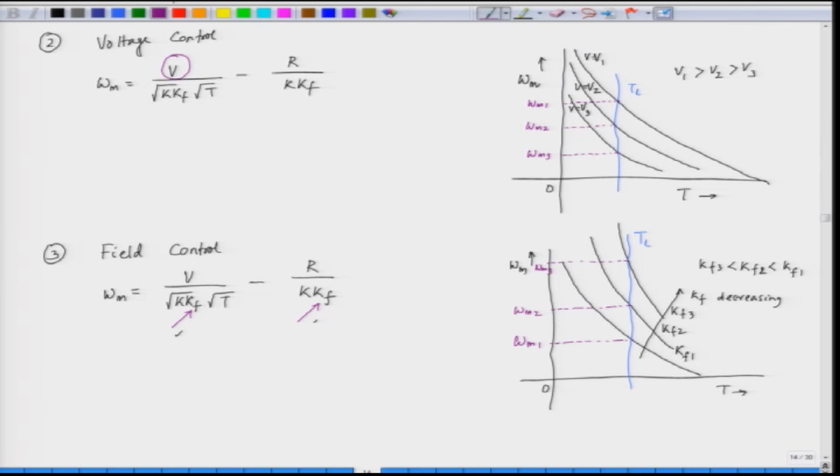So, the speed increases. It means if we go for field control, which means we are reducing the field constant Kf, the speed increases. So, the field control is employed for higher speed application.